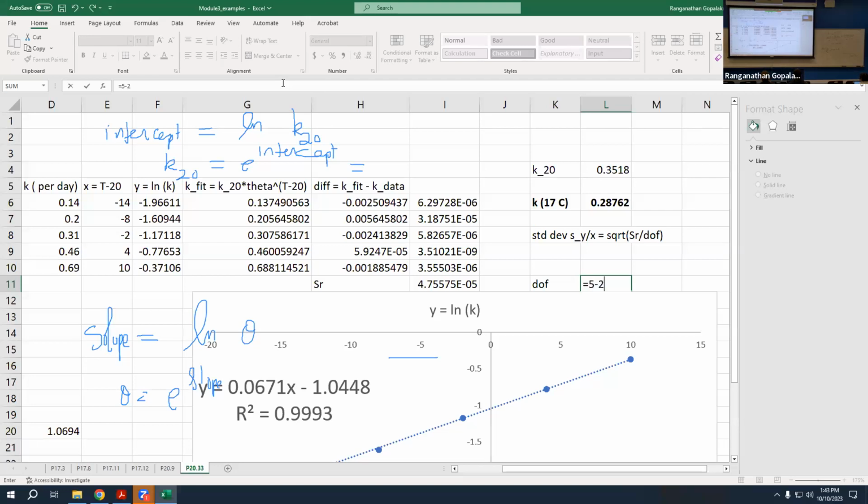The number of observations is 5, the number of fit parameters is 2, so degrees of freedom is 5 minus 2, which is 3. So last step, the standard deviation would be the square root of this SR divided by 3.